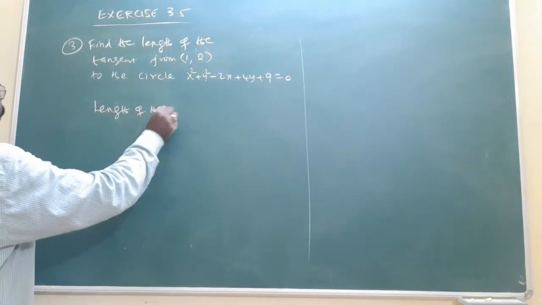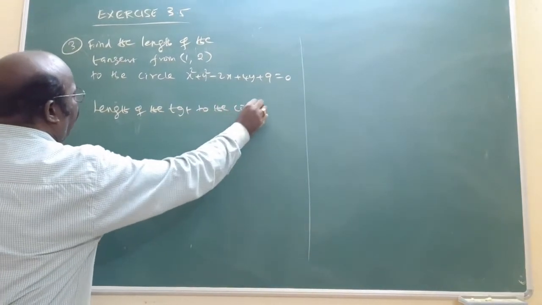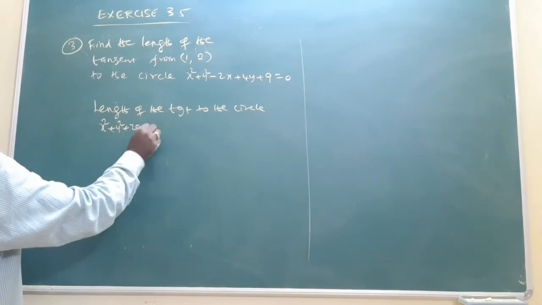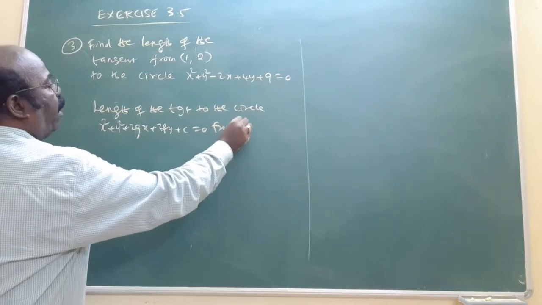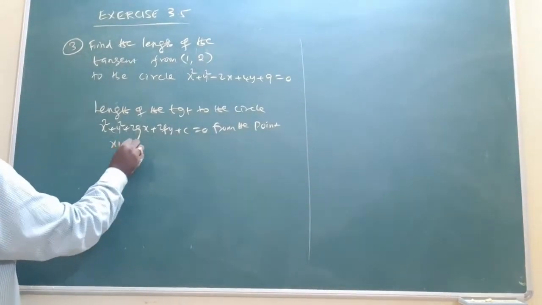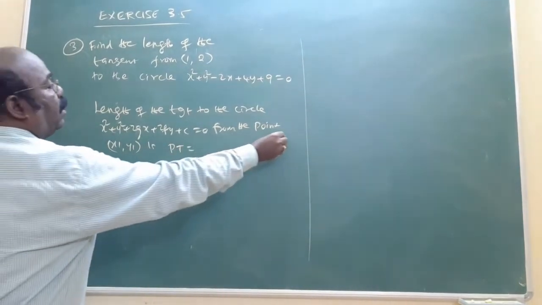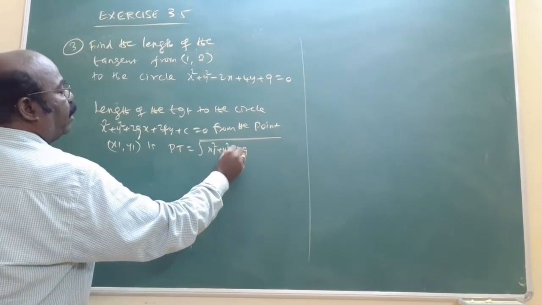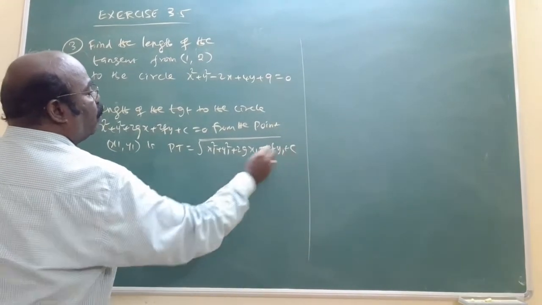The length of the tangent to the circle x square plus y square plus 2gx plus 2fy plus c equal to 0 from the point x1, y1 is PT equal to root of x1 square plus y1 square plus 2g x1 plus 2f y1 plus c.